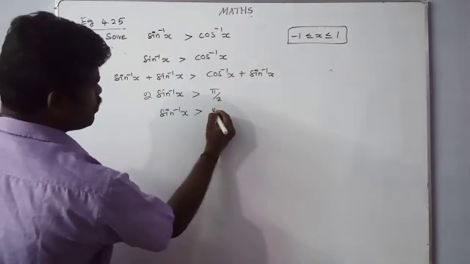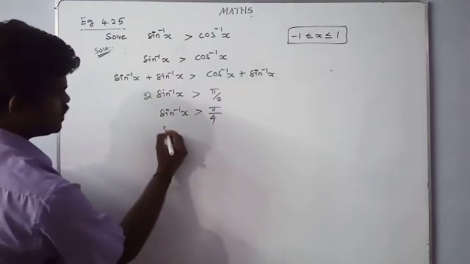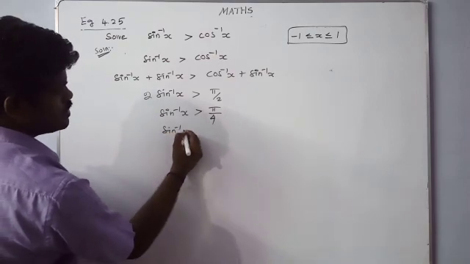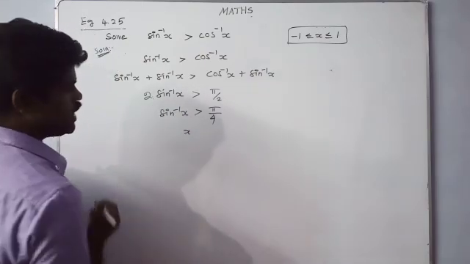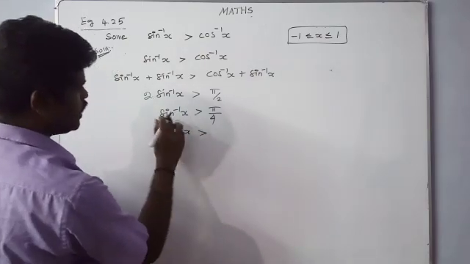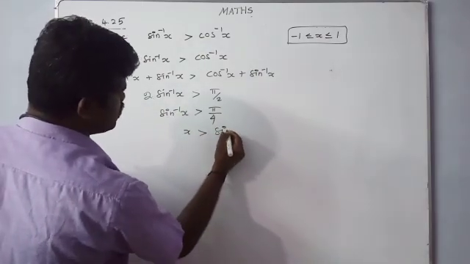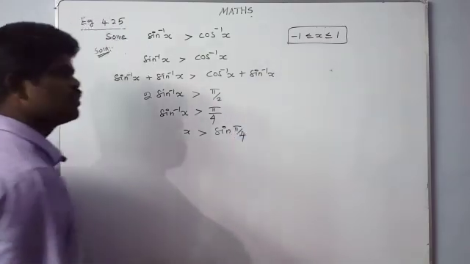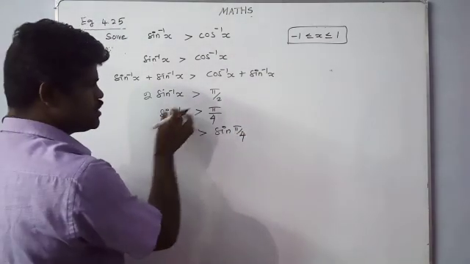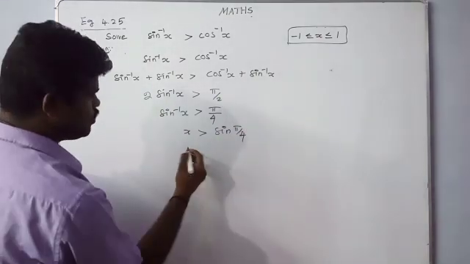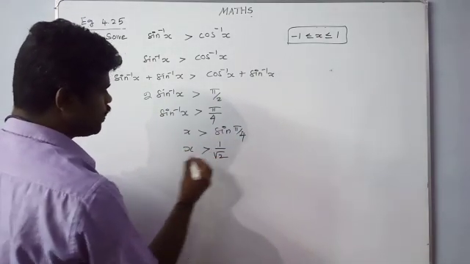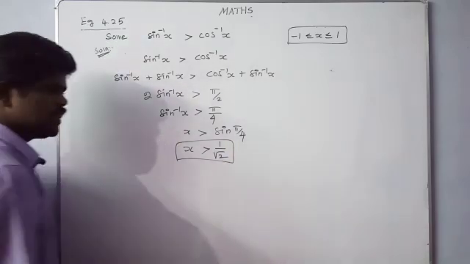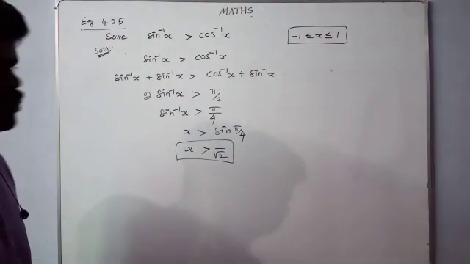Take 2 to this side: sin inverse x is greater than pi by 4, which means x is greater than sin of pi by 4. What is the value of sin pi by 4? 1 by root 2. So x satisfies the value greater than 1 by root 2.